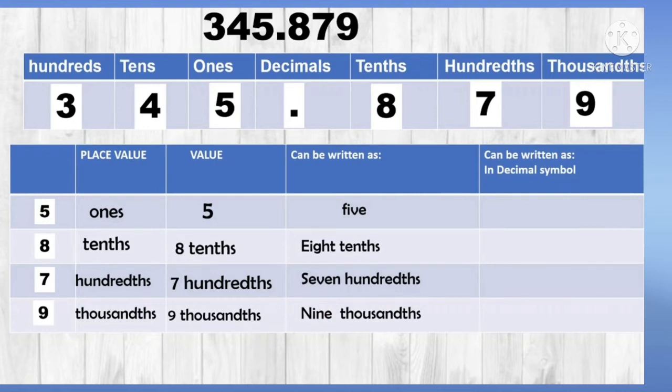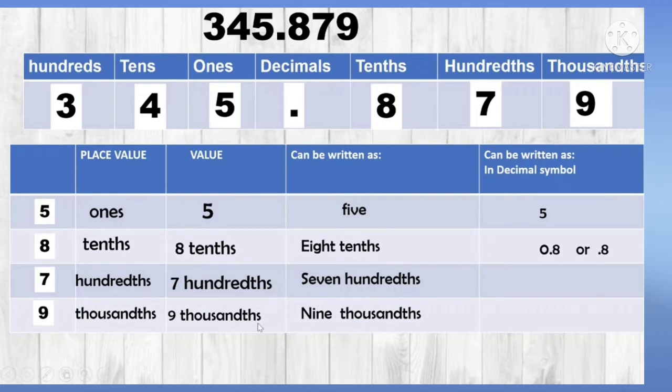Ito, medyo nakakalito siya pag in a decimal symbol, pag iisa-isahin natin yung kada number. So yung 5, automatic is 5, right? Or pwede mo rin isulat siyang 5.00. Okay? Then yung 8 tenths, paano natin siya isulat pag siya lamang? So meron tayong 0.8. Okay, that is 8 tenths.